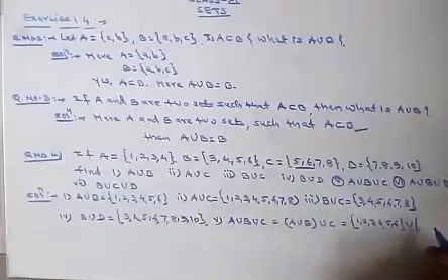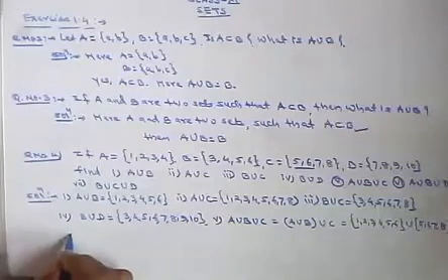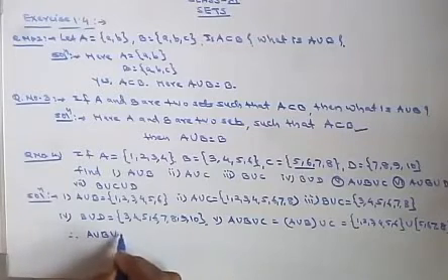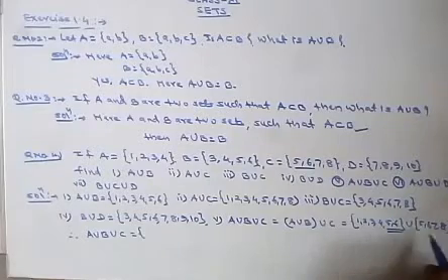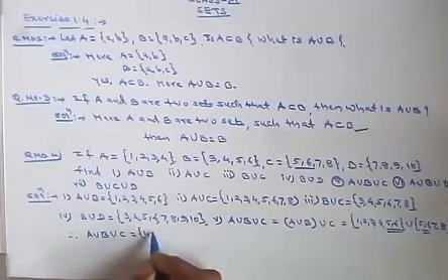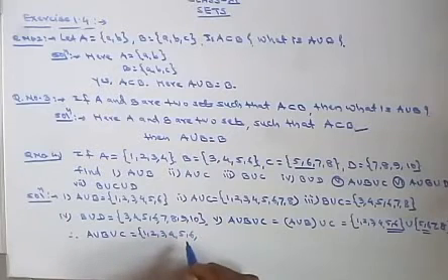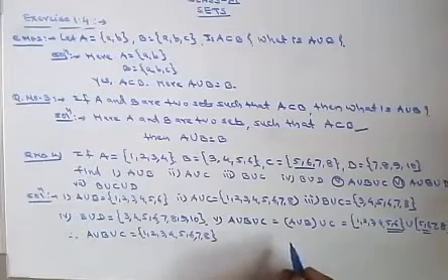C is 5 6 7 8, therefore A union B union C, you take the union of 5 6 7 8, 5 and 6 are repeated here, so 1 2 3 4 5 6 7 8, okay.